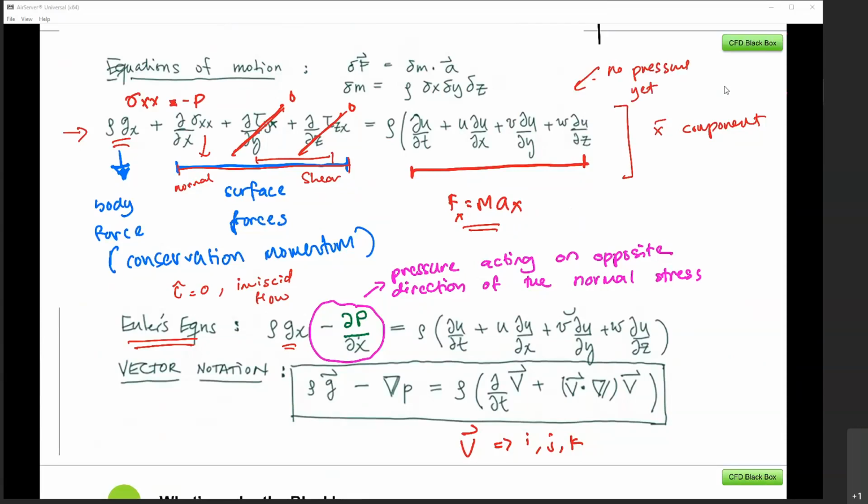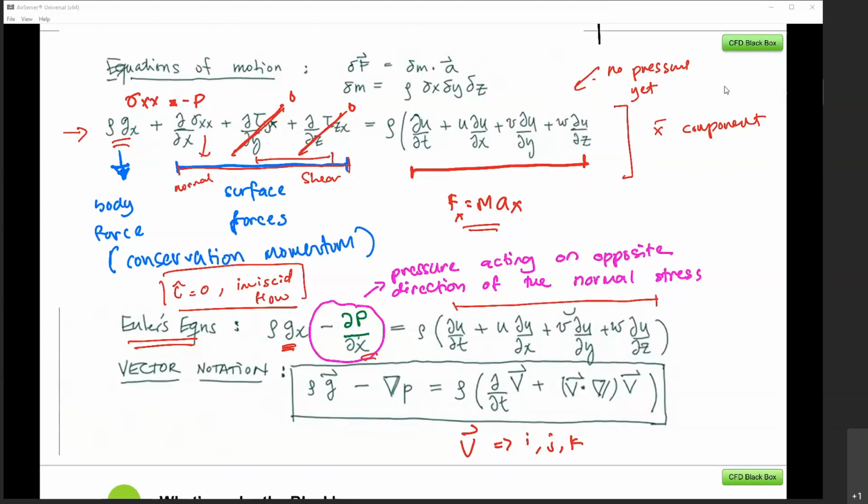So we have body force, we have pressure force, equal to rho multiplied by these terms over here. Remember, now we no longer have the viscous term because the shear stress is equal to 0 under the Euler assumptions. In the Euler equations, we neglect tau because it is inviscid.